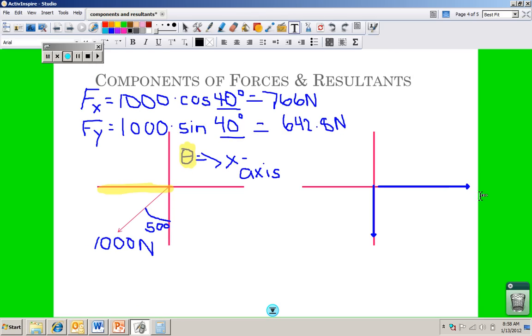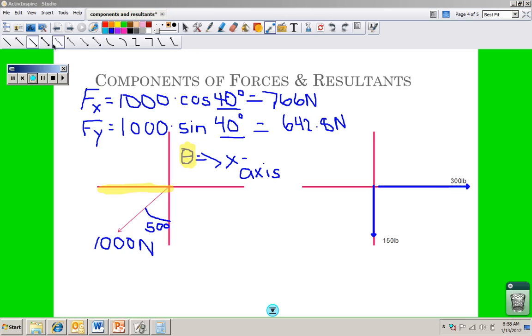And let's say that this is 300 pounds, okay? And this force is 150 pounds, alright? Now we need to find the resultant, okay? One way to think of the resultant is as the diagonal of the parallelogram, okay?